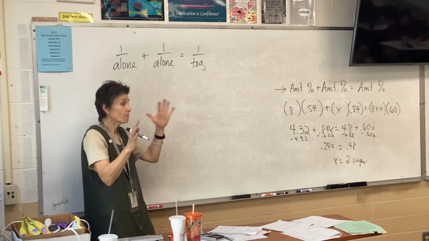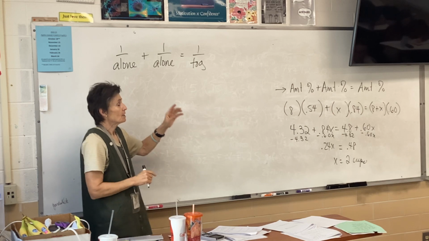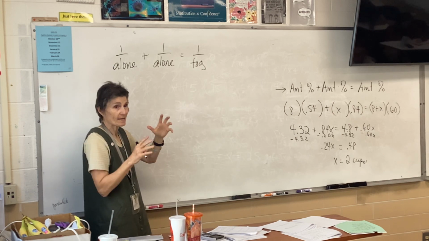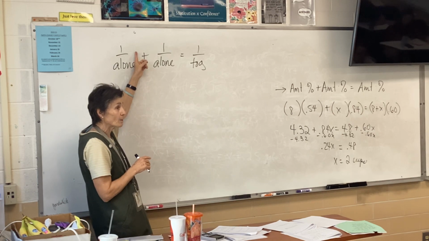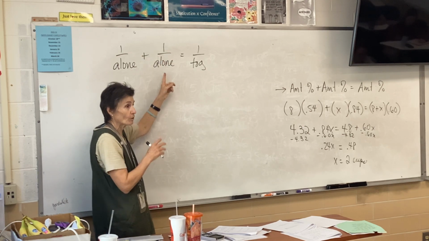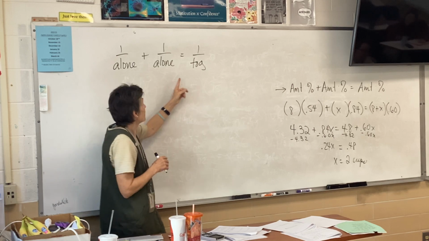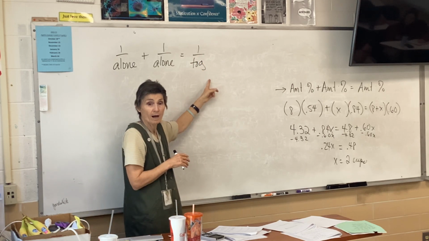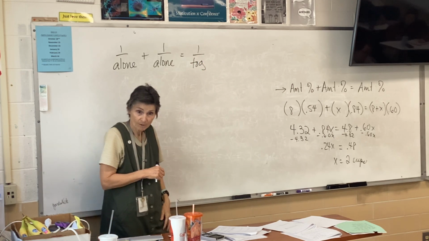So if you have 2 people doing a job, you can always figure out the answer by setting up 1 over Susie's time alone plus 1 over Billy's time alone. That will give you 1 over their time if they do the job together.